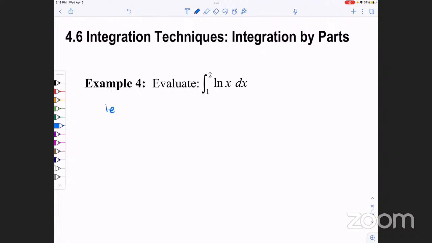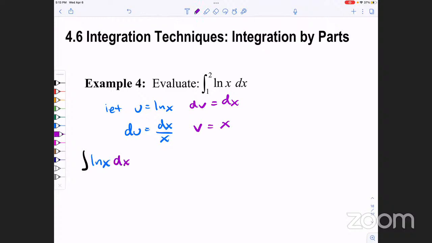So if we let u be the natural log of x and our dv be dx, then that means our du is going to be dx over x, and our v is going to be what? X. Okay. So then we're going to evaluate the indefinite integral first. So this is the integral of ln x dx.